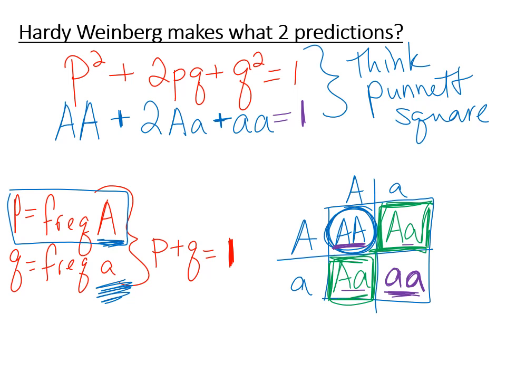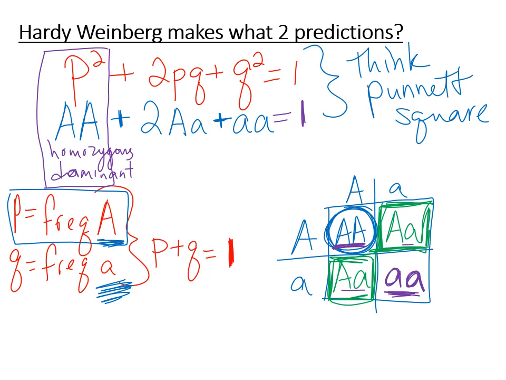Okay? So that's why you see p squared plus 2pq plus q squared equals 1. P squared is homozygous dominant. Sorry, that was very sloppy handwriting.